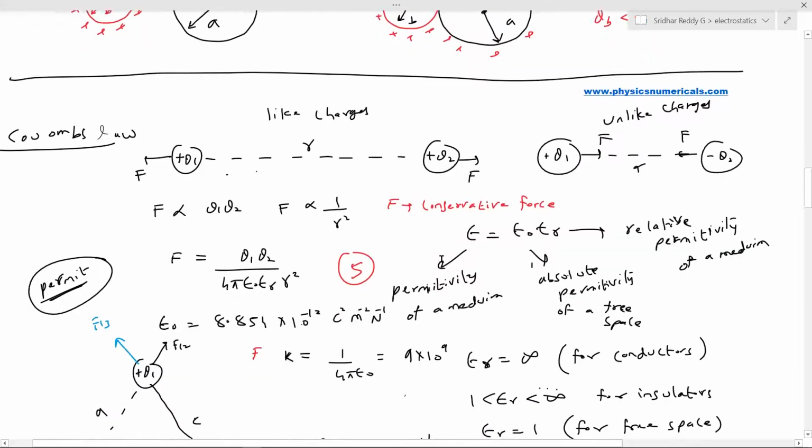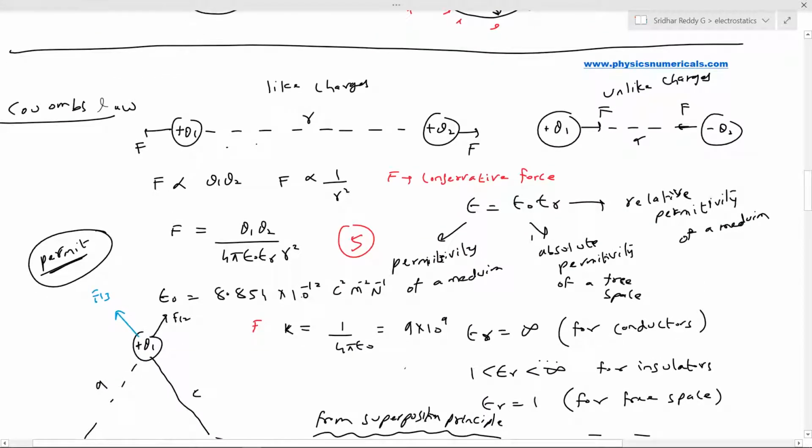Okay, let me start with Coulomb's law, the basic Coulomb's law. Let me take two point charges, Q1 and Q2. Strictly, Q1 and Q2 are point charges.